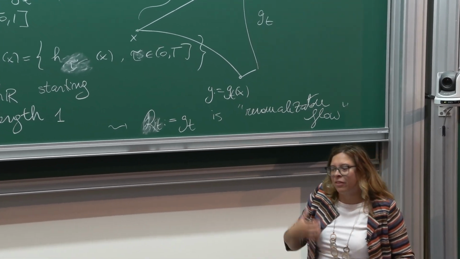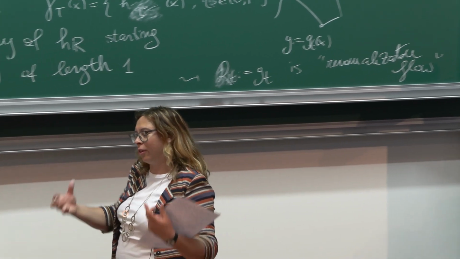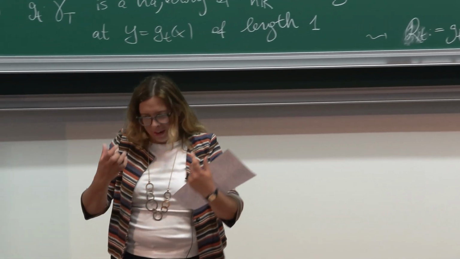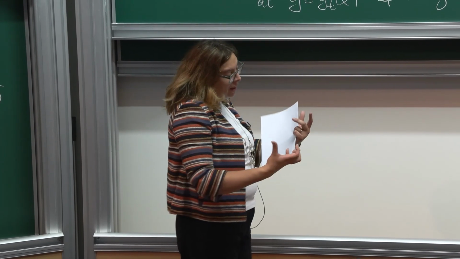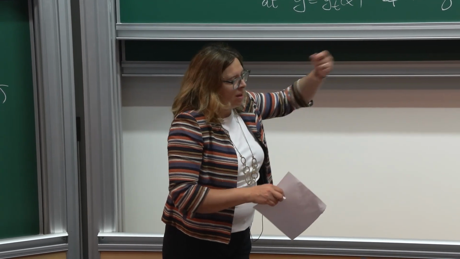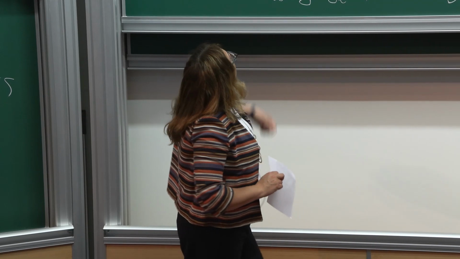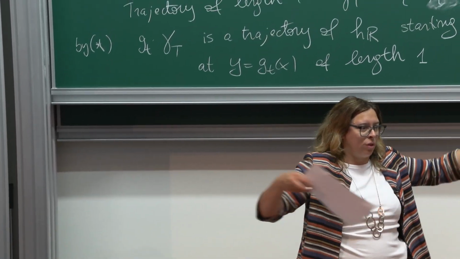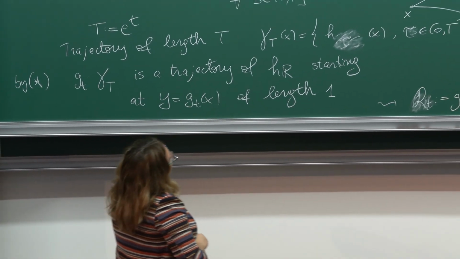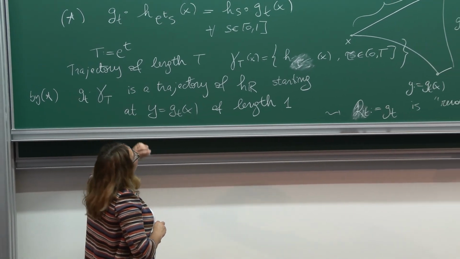And in this case, everything is happening on the same space. So the same hyperbolic surface, the unit tangent bundle of a hyperbolic surface, is the space where the flow that I want to study, the horocycle, acts, and it's also the space where the renormalization acts.